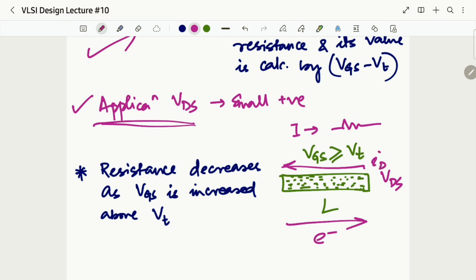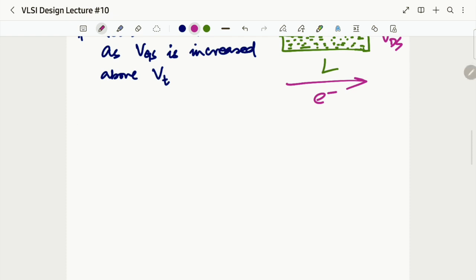So if I make VGS minus VT higher, my resistance will obviously drop. This also we have discussed in our previous lectures.